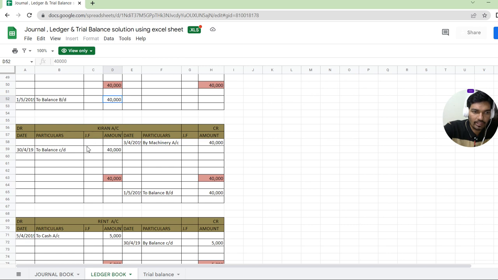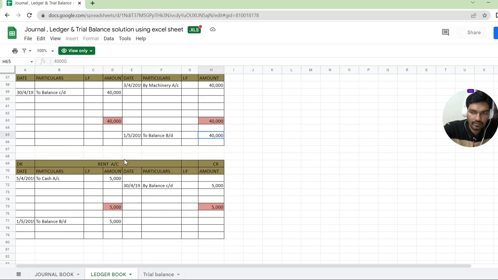There is no debit side balance here, 0. Credit side 40,000 is available. 40,000 is the closing balance, to balance carried down as on 30th April 2019. This is carried forward to next month, May 1st 2019, to balance brought down 40,000.